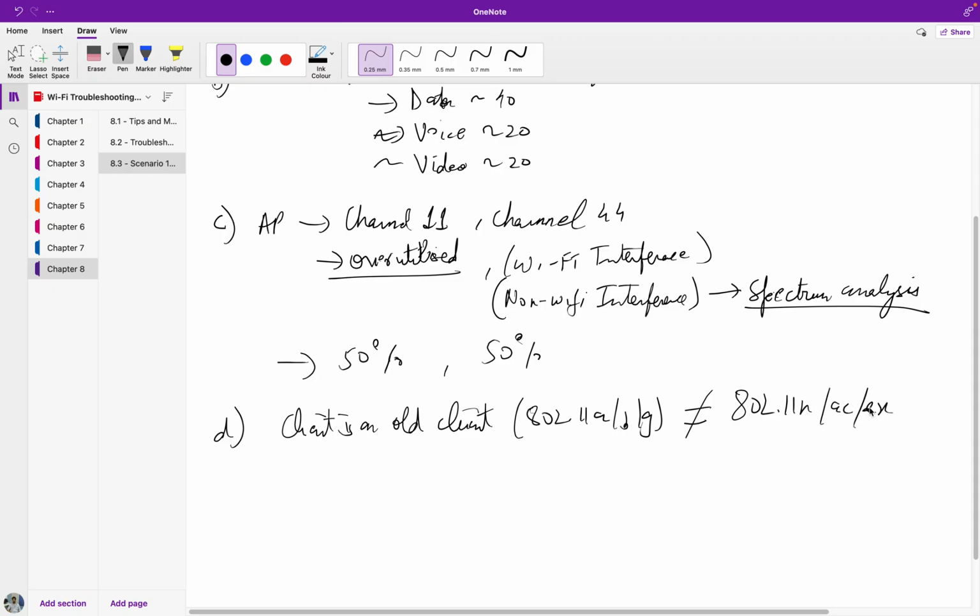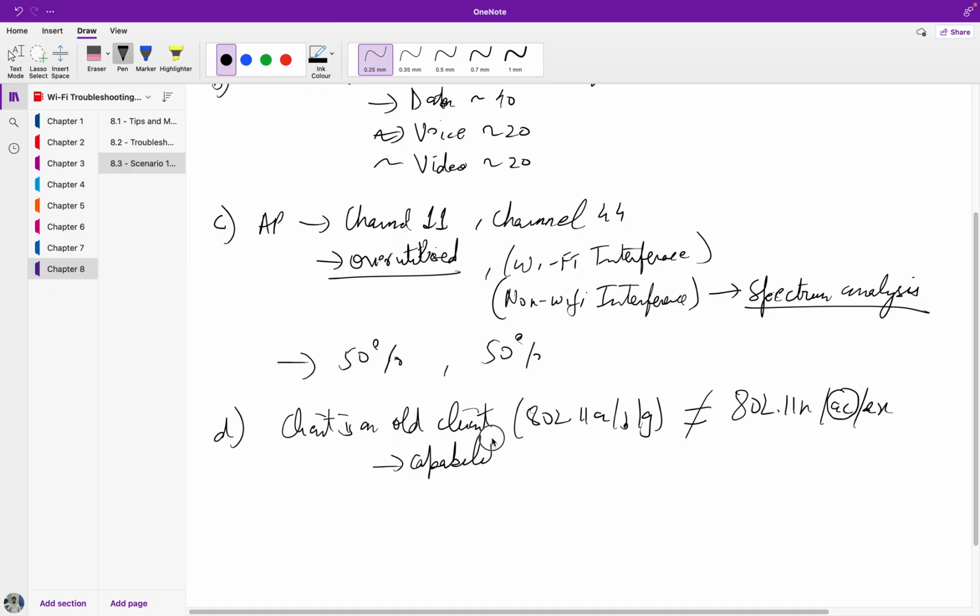Now my customer is waiting for the client to receive the massive throughput it would usually get on AC or .11n, but my client is old, so it's possible that the client doesn't even have the capability to extract the right throughput from the access point. It's quite possible that we're looking for something your device is not even capable of. This is usually possible in very old deployed networks where the infra has not changed for a while.